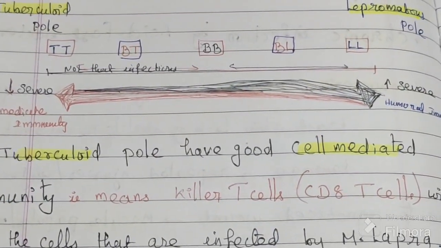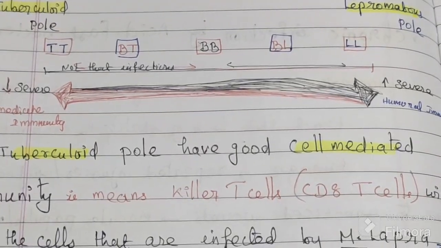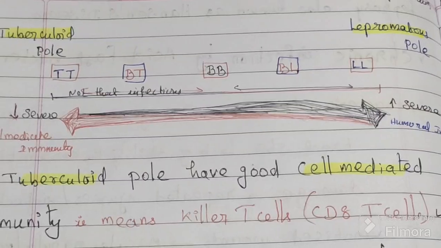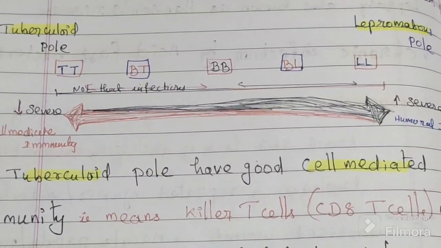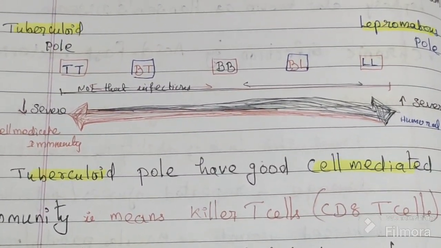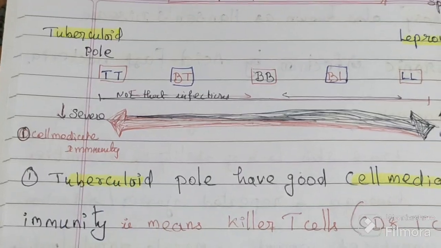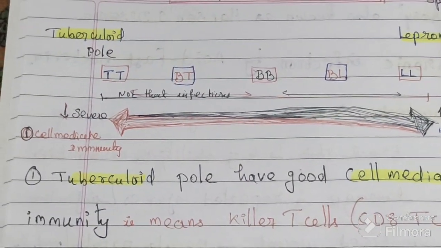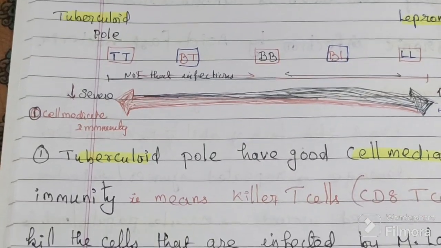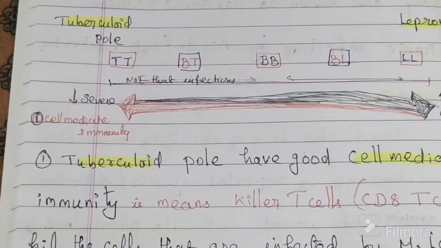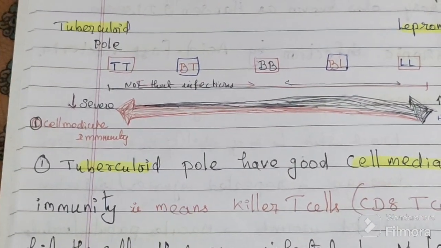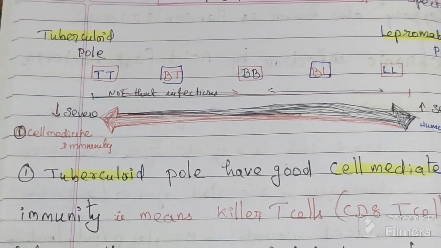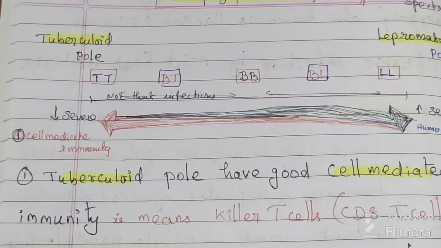What happens here? Mycobacterium leprae is an intracellular pathogen. At the tuberculoid pole we have good cell mediated immunity. That means killer T cells, CD8 T cells, will kill the cells that are infected by Mycobacterium leprae. That's why this case is less severe and not that infectious.